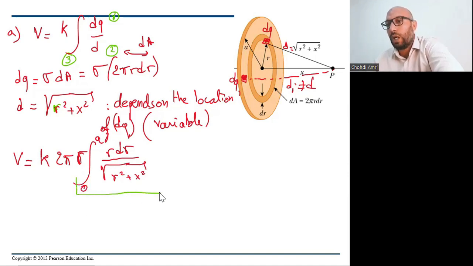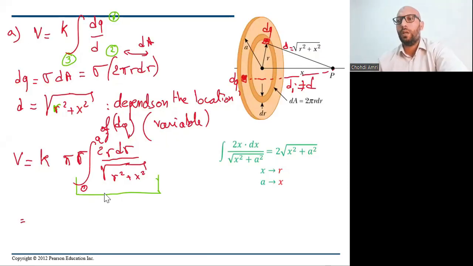Now we have to calculate this integral. As we said, the integral from 0 to A of 2r dr over square root of r squared plus x squared is equal to 2 square root of x squared plus a squared.